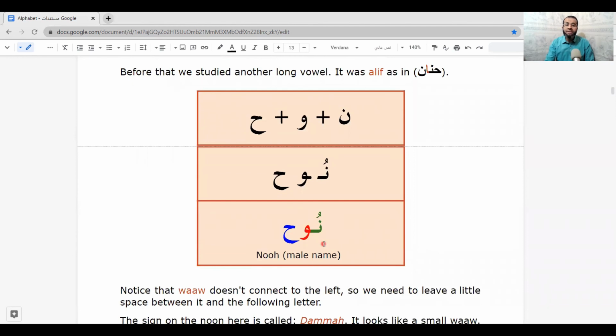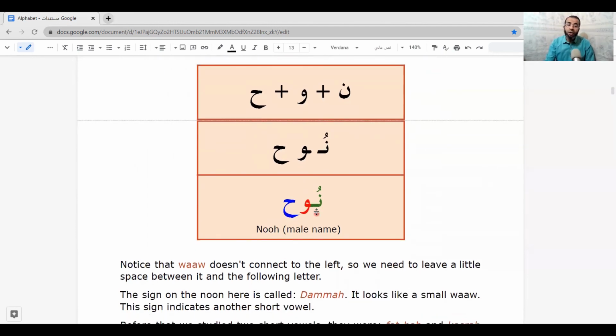Do you notice the sign above noon? We'll come to it now. But I want you to notice that wow doesn't connect to the left. So we need to leave a little space between it and the following letter. Wow and ha are not connected because wow is one of the letters which don't connect to the left, only from the right.